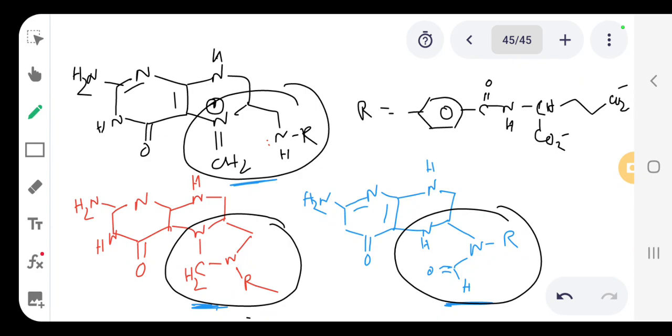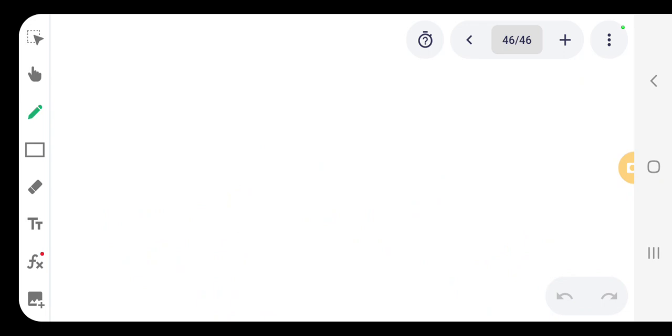Okay, again we'll draw the third one. So what will happen here? The CHO moiety will be attached with this, nothing more than that.